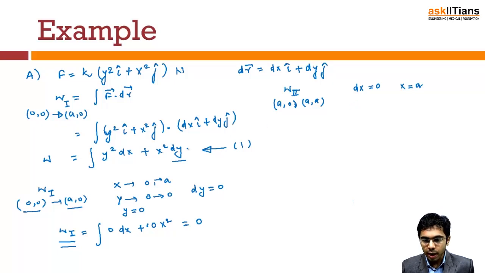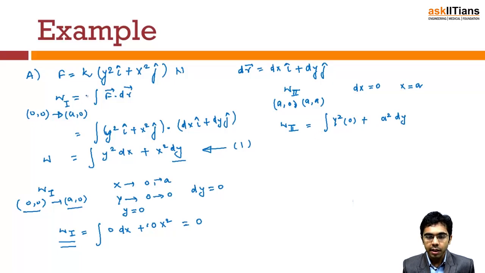So what we are going to get, work done for the second will be equal to the integration of y square dx, which is 0, plus x equals a, so this will be a square dy. Because y is changing, we cannot write anything for dy, so we have to integrate along dy.